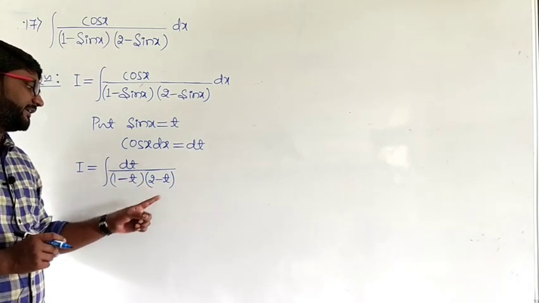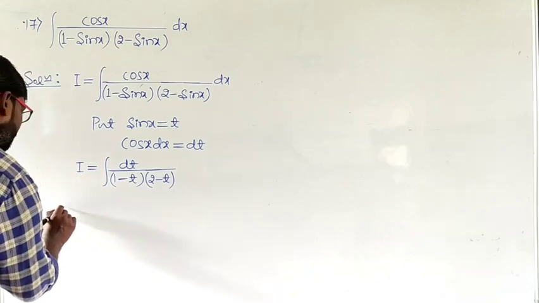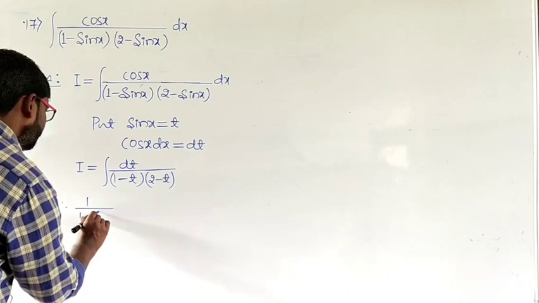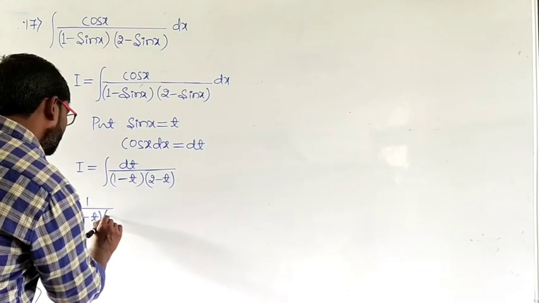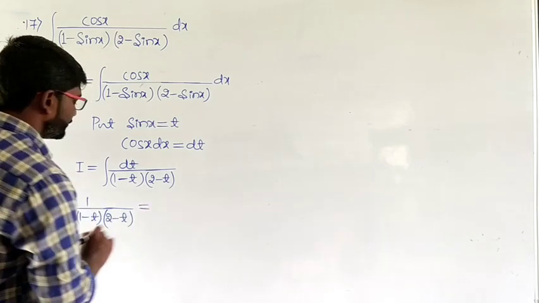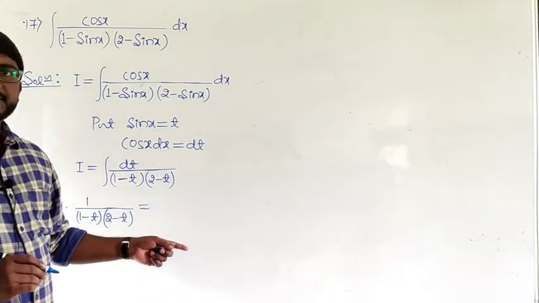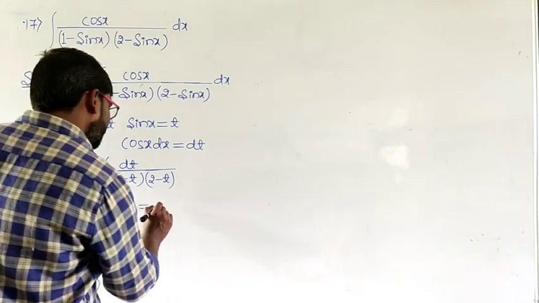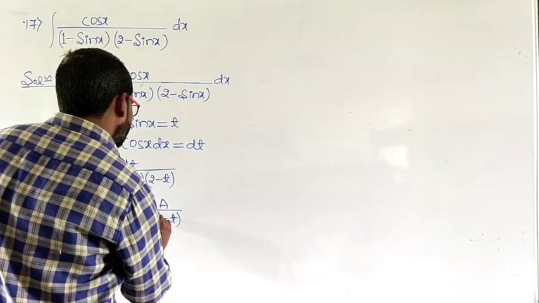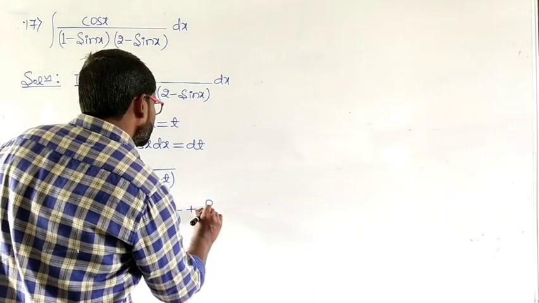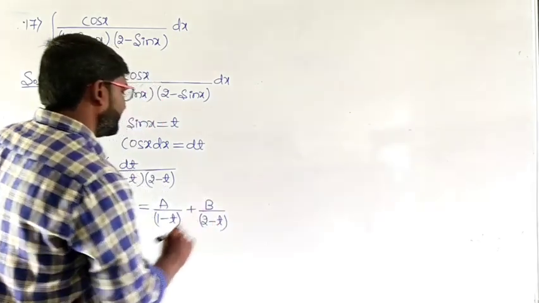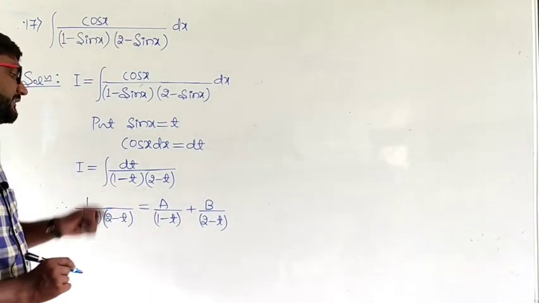Consider only the integrand. Therefore 1 divided by 1 minus t into 2 minus t, which is equals to a divided by 1 minus t plus b by 2 minus t. So let us go for the LCM.